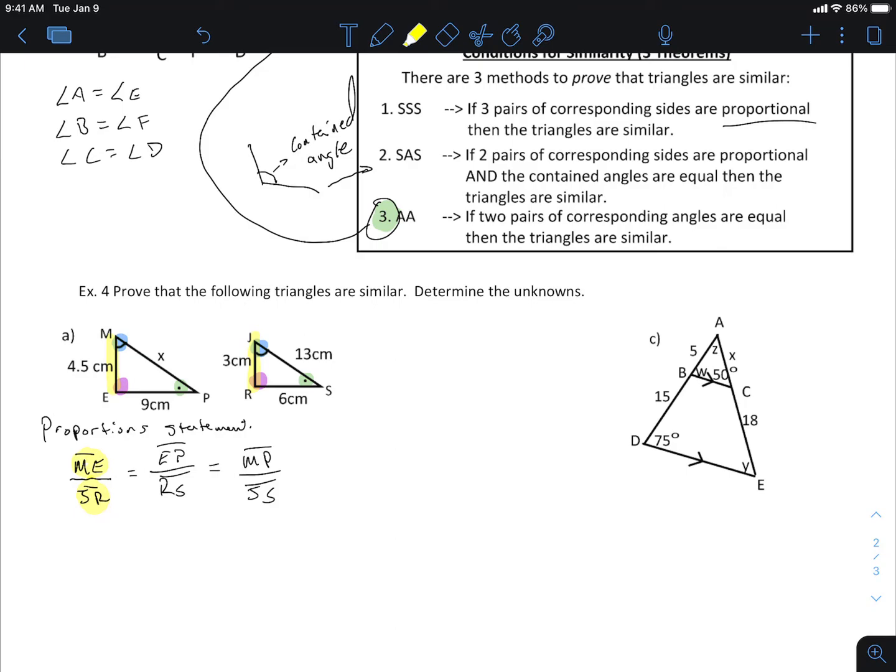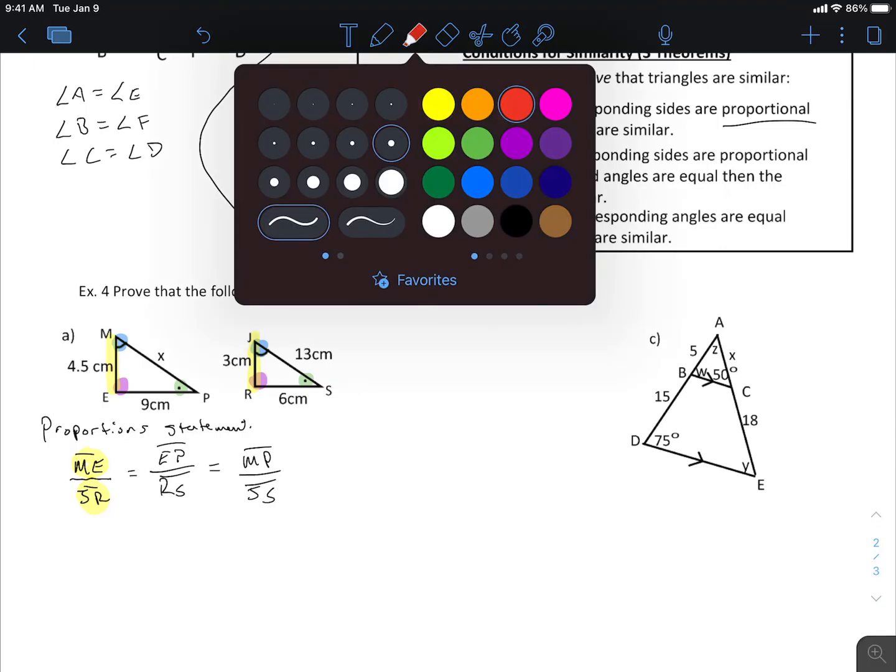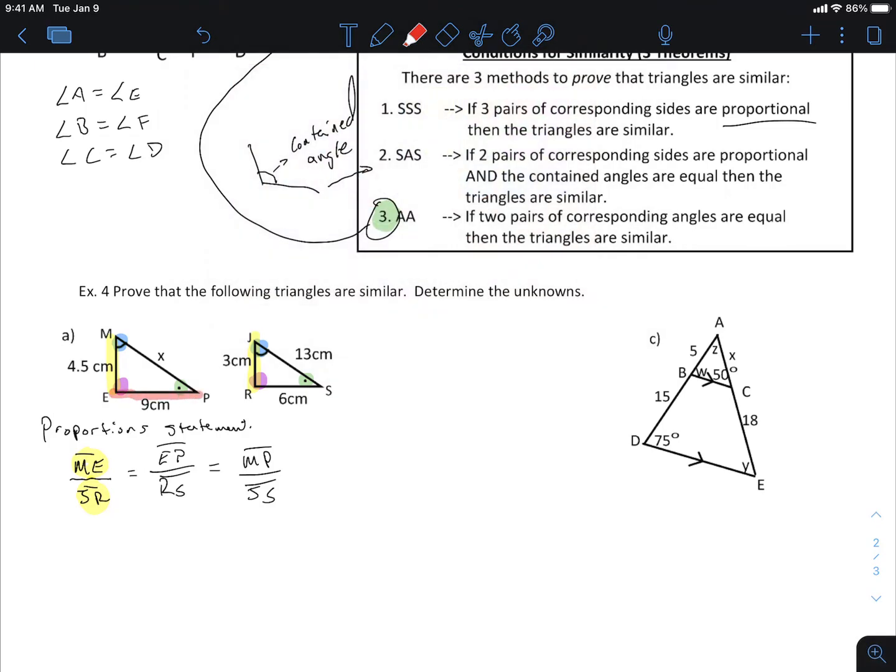And then EP goes here. I said that was going to be similar to RS, just based on the way I've orientated the triangles.